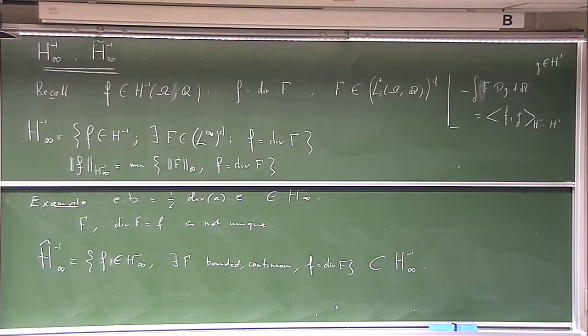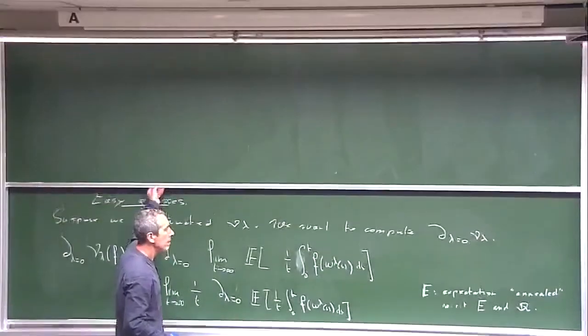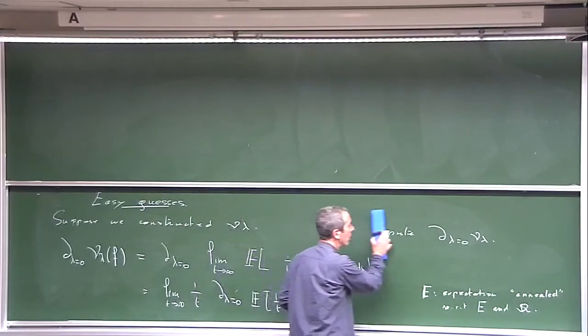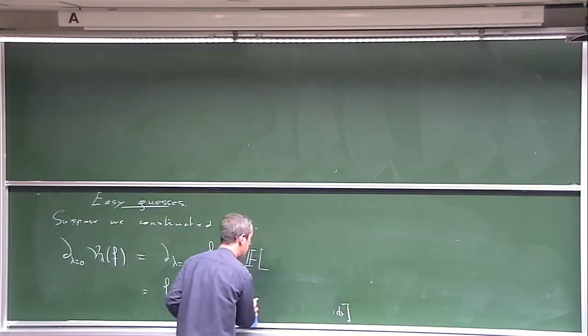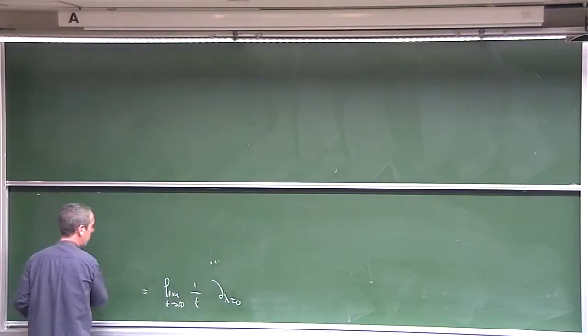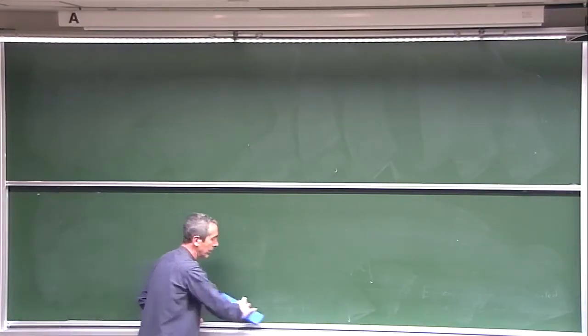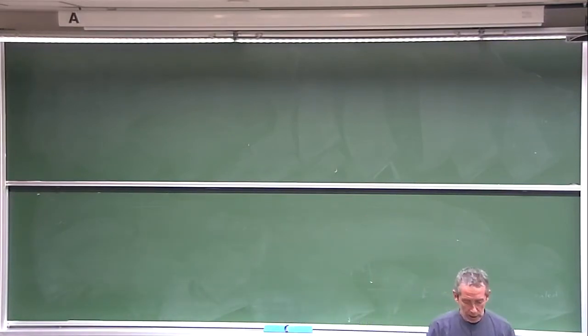So I don't have a very convincing motivation for introducing these spaces for the moment, but actually the motivation comes from the results that we are able to prove and from the proofs themselves.